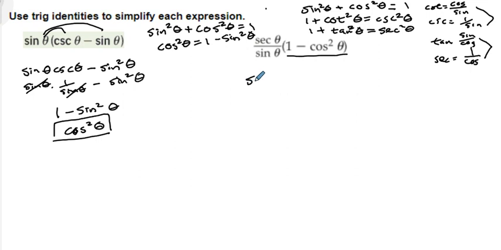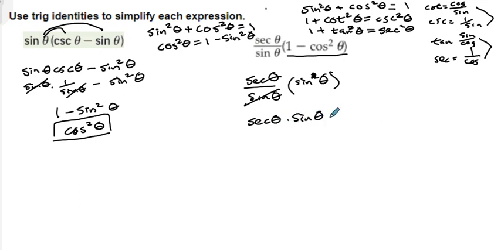So I'm going to go secant of theta times sine of theta times, and now we're going to substitute sine squared theta for this thing right here. That's kind of cool because you get rid of this one and one of these, and then you have secant of theta times sine of theta. Let's see if we can do something else with this one.